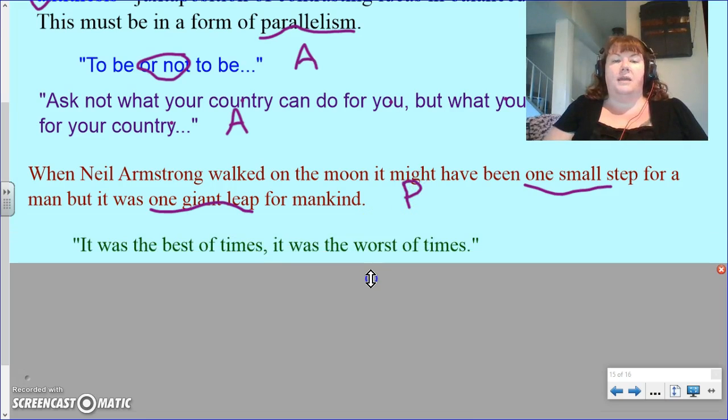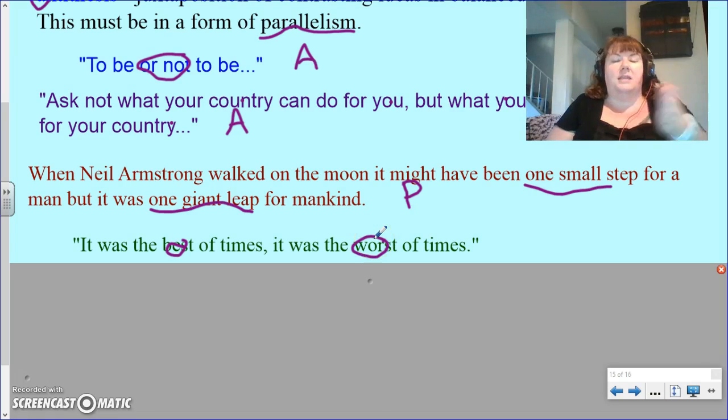Okay, next one. It was the best of times. It was the worst of times. If you recognize this from 2 slides previously, it is the opening 2 phrases from that piece of literature that I told you to email me about in order to get the extra credits. Looking at best versus worst, those are our opposites, so that is your contrasting idea.